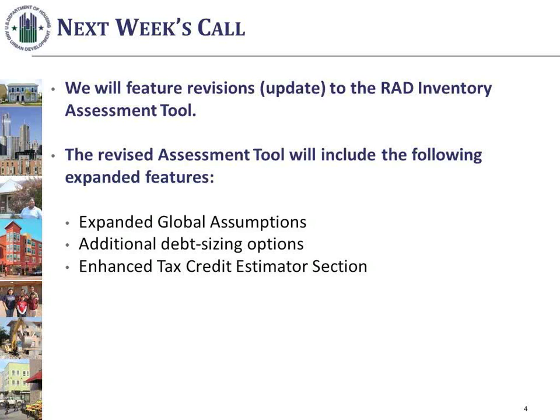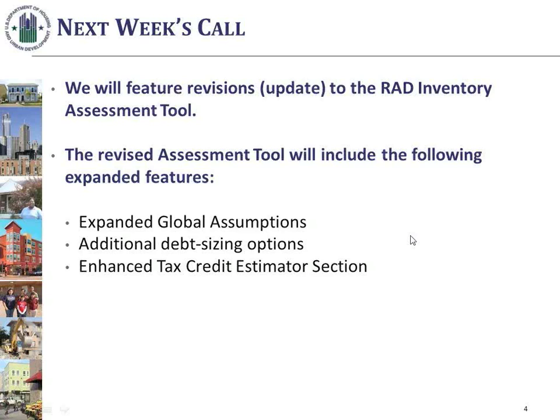Next Thursday, when we go through the tool, it has additional flexibilities on the initial global assumptions screen that you can enter. It also allows you different debt sizing options if you want to use debt coverage ratio or loan to value. But most importantly, the revised tool gives you a more user-friendly feature on how to estimate the value if you want to combine RAD with 4% or 9% tax credit.